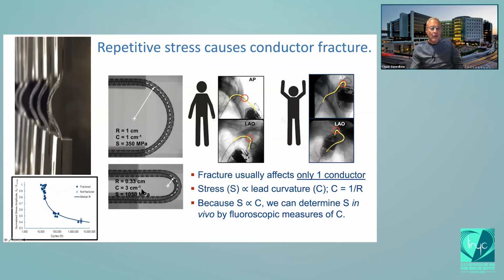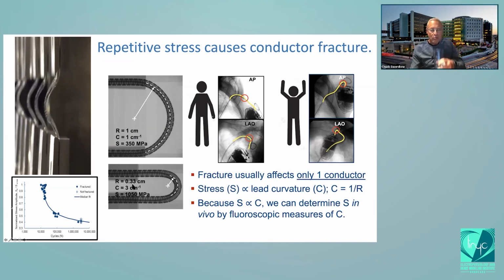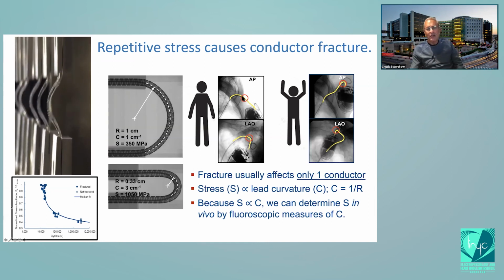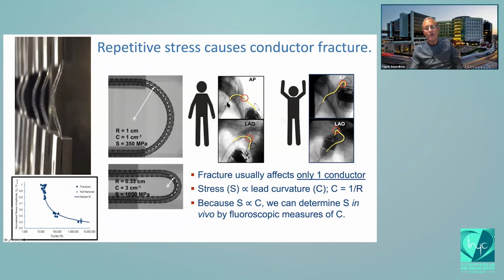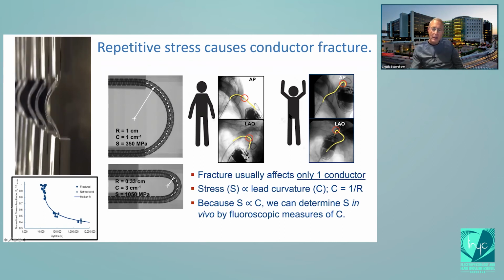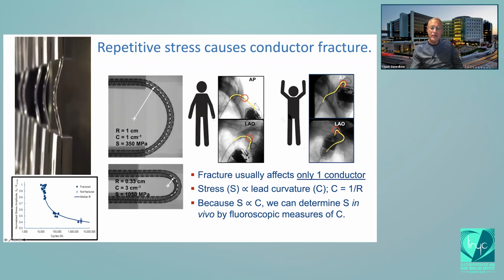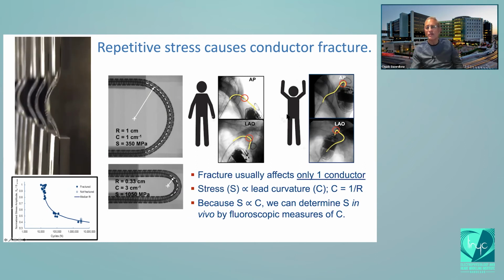Because of this direct proportionality between stress and curvature, we could, in principle, calculate the stress on cables that are implanted in people when they move their arms around. It's incredible that in the 50 years people have been building leads, nobody's done this.